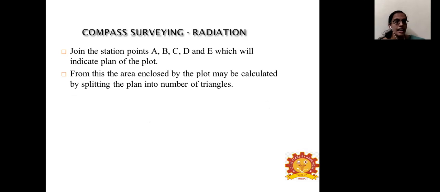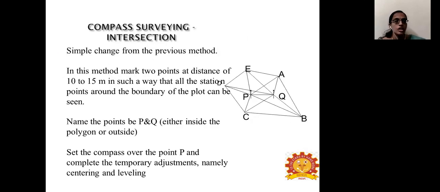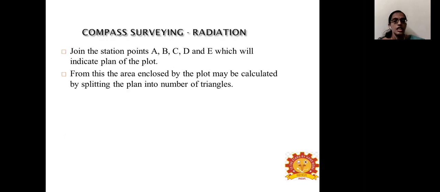The area enclosed by the plot may be calculated by splitting the plan into a number of triangles. In this method, we mark the center point using the plumb bob. After that, using the vane arrangement, we locate the similar point on the paper itself.